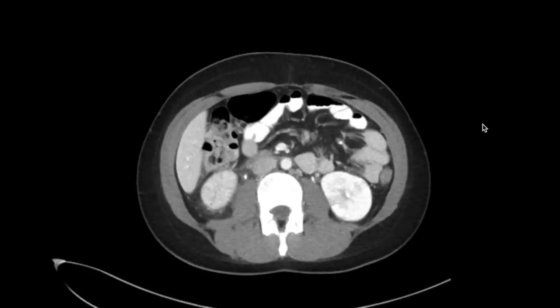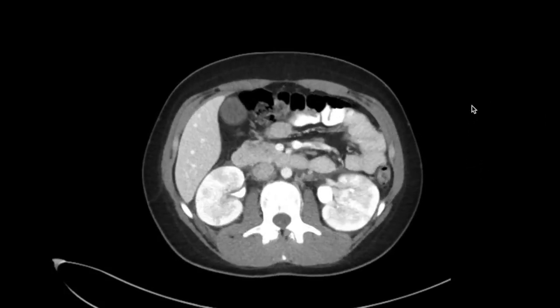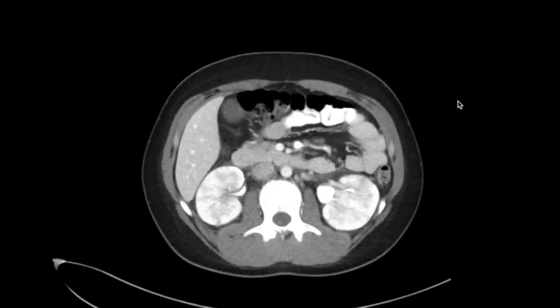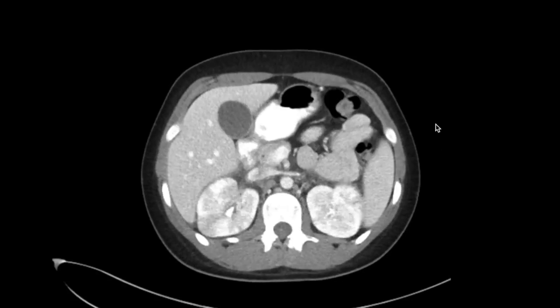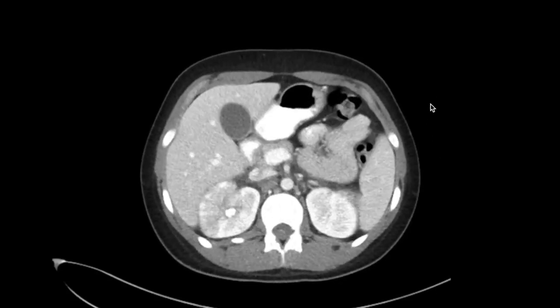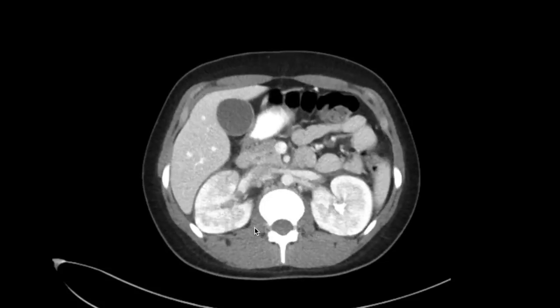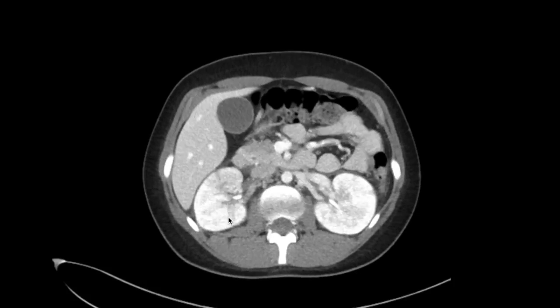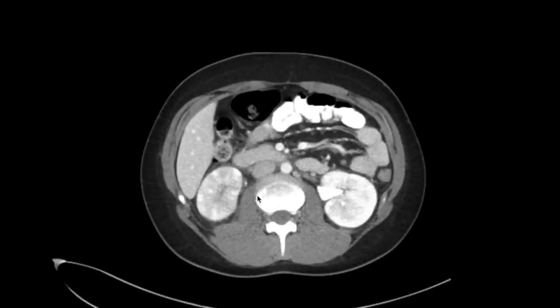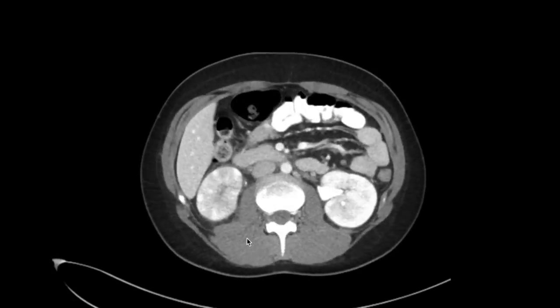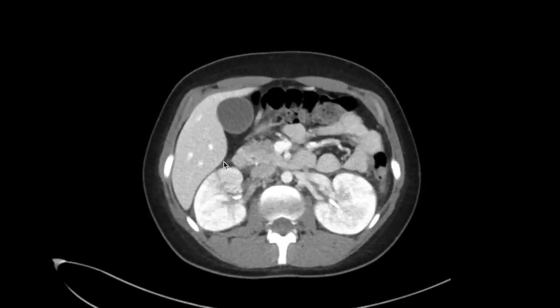And that's just a general principle of imaging. If you fill something with contrast and it goes somewhere else where it's not supposed to be, that's abnormal, of course. This case here demonstrates one of the abnormal enhancement patterns of the kidney. So in this phase, you'd expect the kidneys to enhance relatively homogeneously. And in the right kidney specifically, also a little bit on the left, but mainly on the right, you'll notice multiple areas of patchy hypoattenuation in the cortex that are somewhat linear and wedge-shaped in many locations.